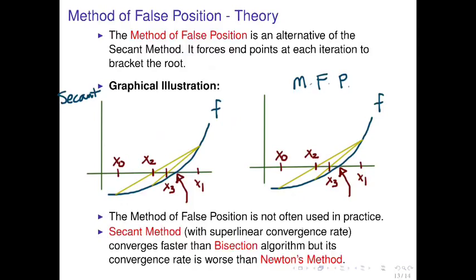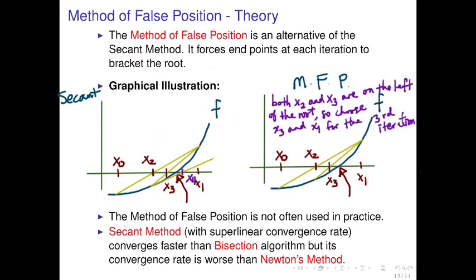The secant method doesn't really care about whether or not it brackets a root. To continue, it would create a secant line between x2 and x3, which is about right there, and then get our next estimate x4. On the other hand, the method of false position would do something different.